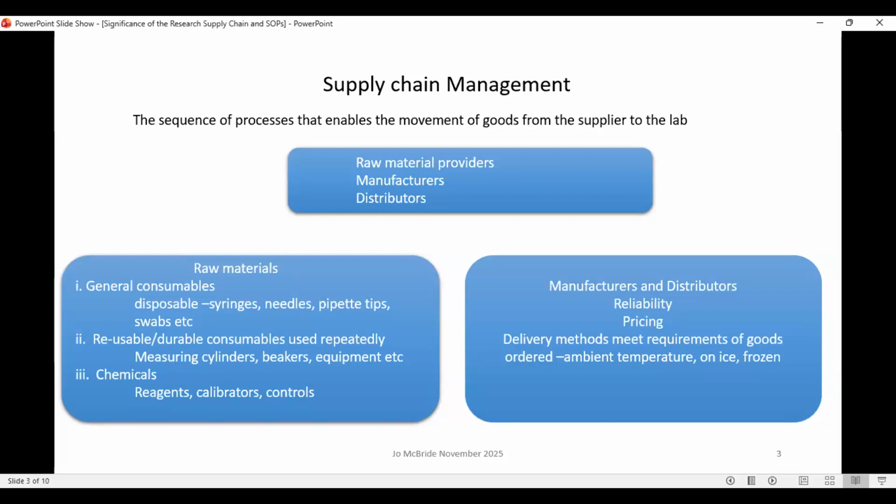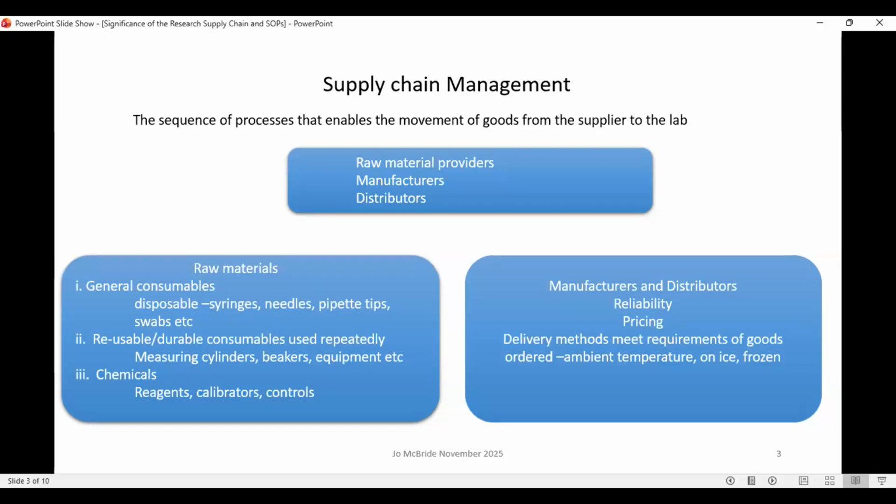The raw materials can comprise the general consumables, for example, your disposable items like syringes and needles, pipette tips, swabs, etc. And then there are the reusable or durable consumables, which are used repeatedly, like measuring cylinders, pipettes, beakers, and so on. And then finally, there are also the chemicals that are used in all of your analysis: your reagents, your calibrators, and your controls.